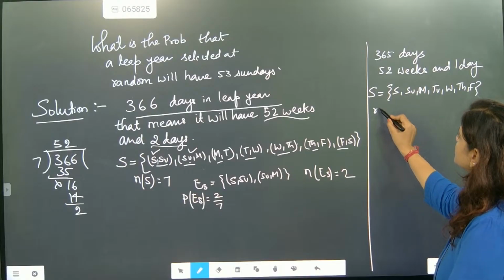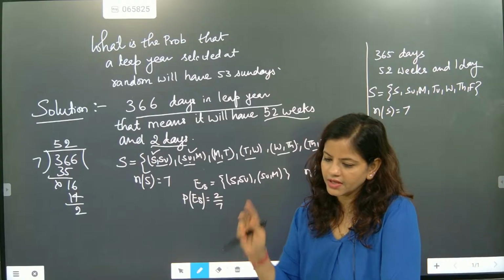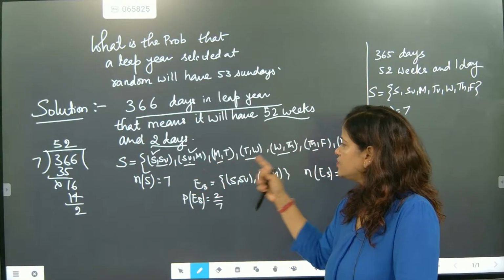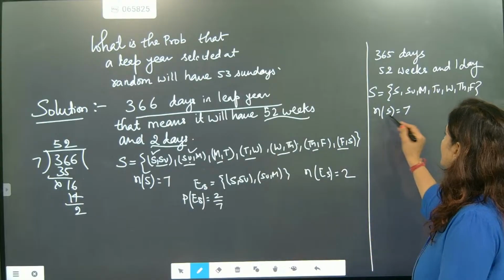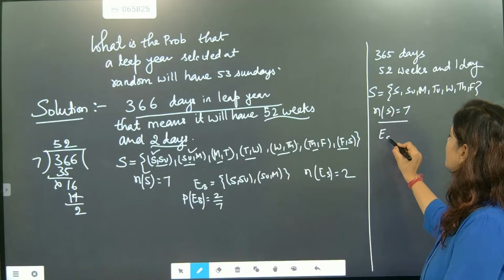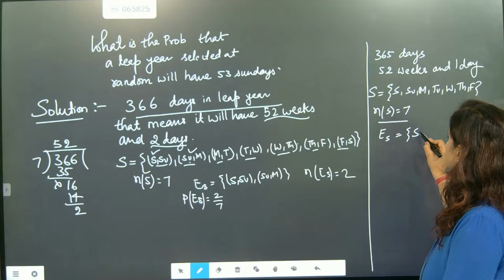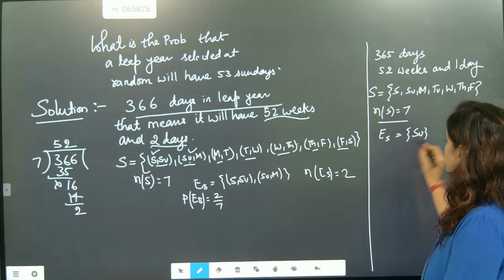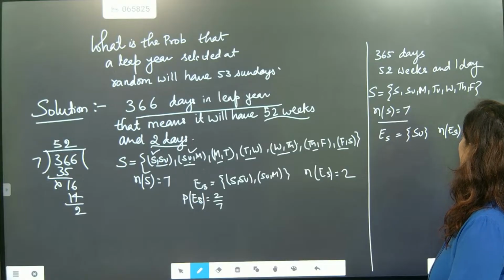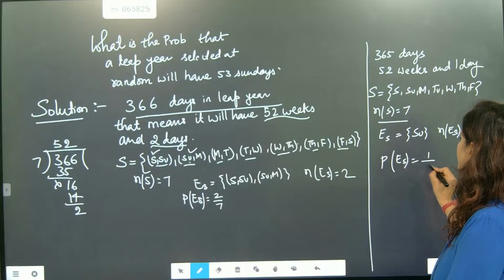So the sample space here will also be 7, but not together like in the leap year, where it was Saturday-Sunday, Sunday-Monday, Monday-Tuesday and so on. Now what is the event? The event of having a Sunday here is only one, that is only Sunday. So the number of elements in the event will be 1. So the probability of this event is 1 by 7.